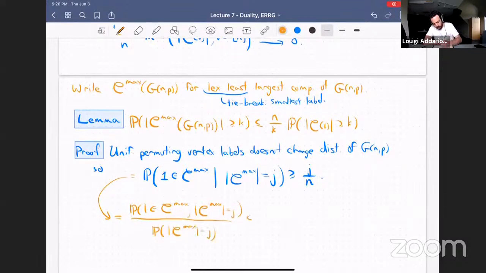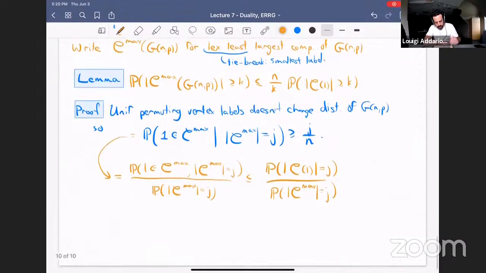Now for an upper bound on that, if 1 is in the largest component and the largest component has size j, then in particular the component containing 1 has size j. So an upper bound on the top is the probability that the component containing 1 has size j. And then I'll just copy the denominator over.